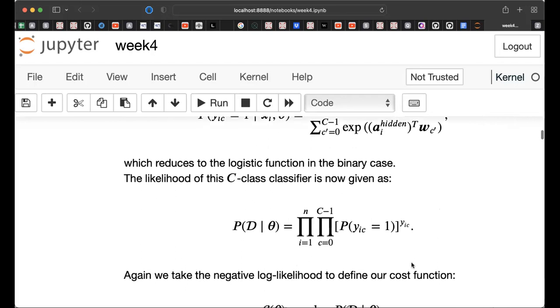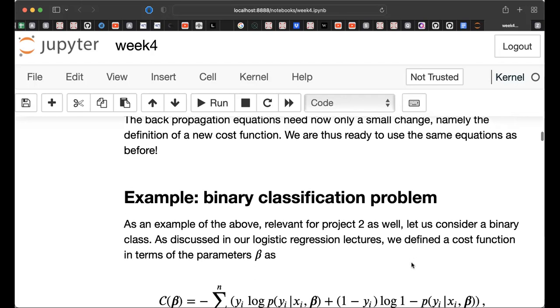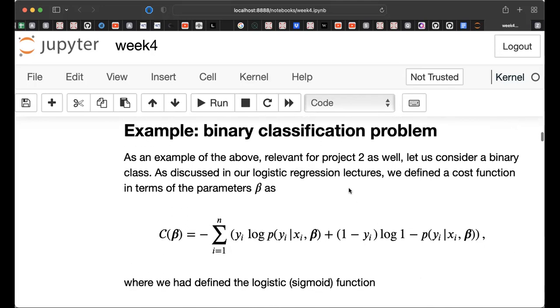So what you see down here is just a set of repetitions of what it would look like when we deal either with a binary classification problem or a multi-class classification problem. So for project number 2, we may think of looking at either a binary classification problem or a multi-class classification problem.